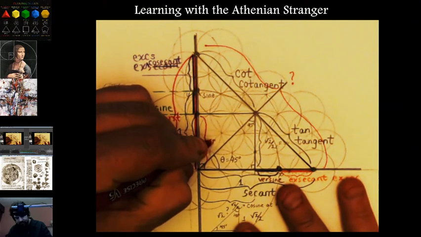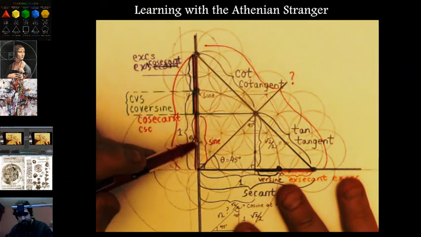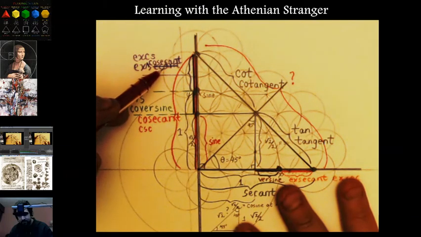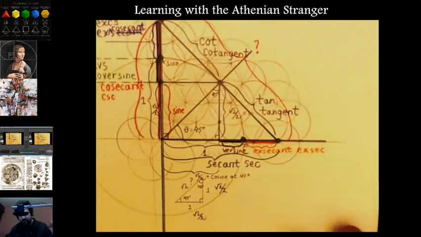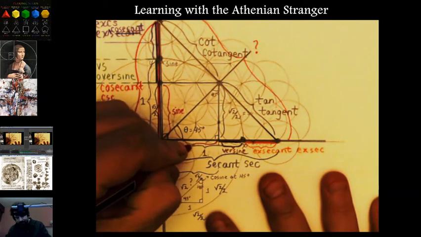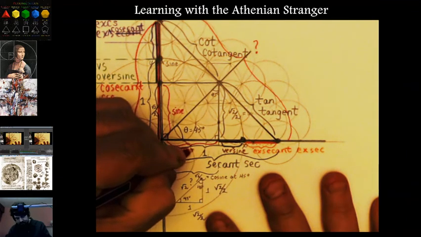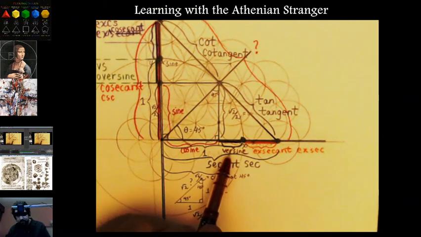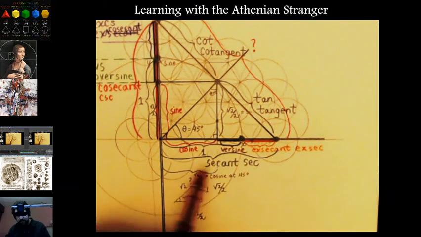This is sine. Sine plus coversine plus x cosecant equals the whole distance, which is the cosecant. And similarly, down here, this is cosine. Cosine plus versine plus x secant equals the secant.